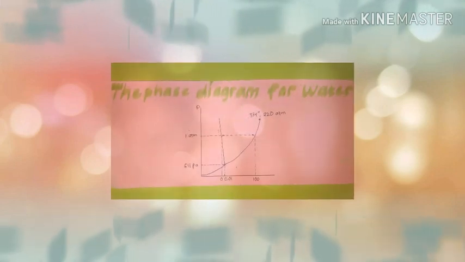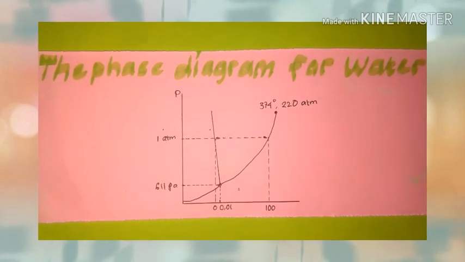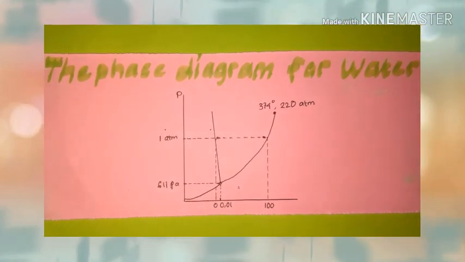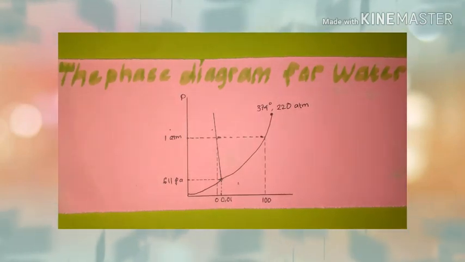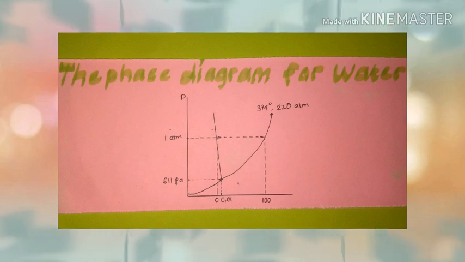Okay, I take the example, the phase diagram for water. This is the phase diagram for water under moderate pressure. The solid-liquid line leans slightly to the left because the volume of liquid is smaller than the volume of solid.